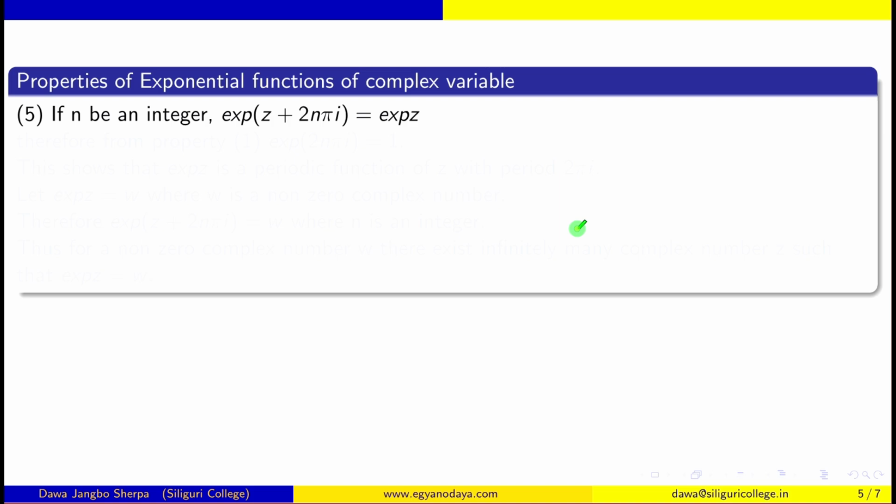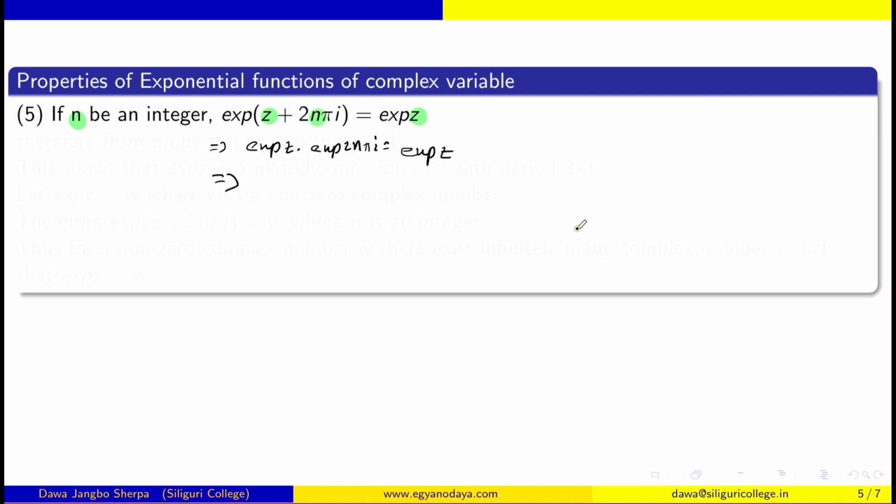Property 5: if n is an integer, then exp(z + 2nπi) is equal to exp z. This comes from property 1: exp(z + 2nπi) can be written as exp z into exp 2nπi, both complex numbers, which is equal to exp z.